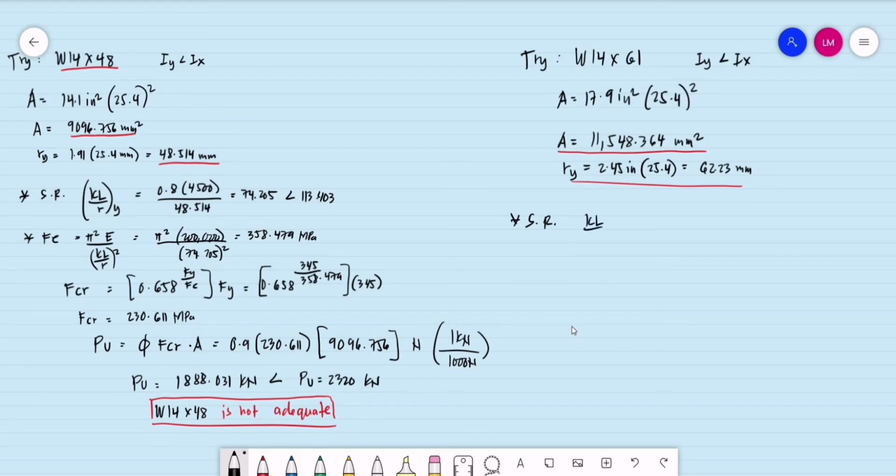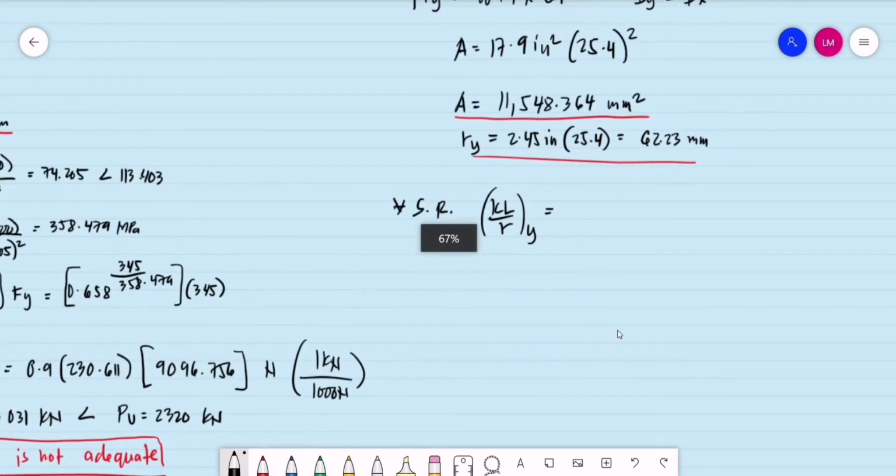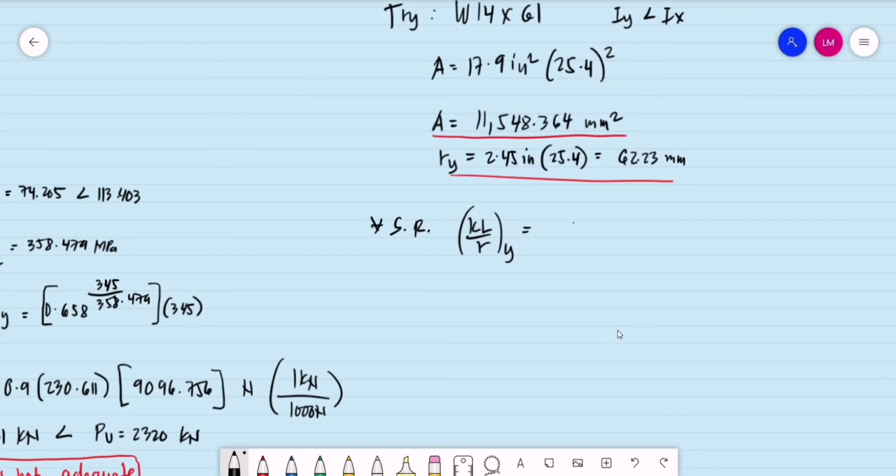The KL divided by r, again with respect to the y-axis. We have the same effective length factor, that is 0.8, and the length of the column is also 4,500. So we have a new radius of gyration this time, 62.23.